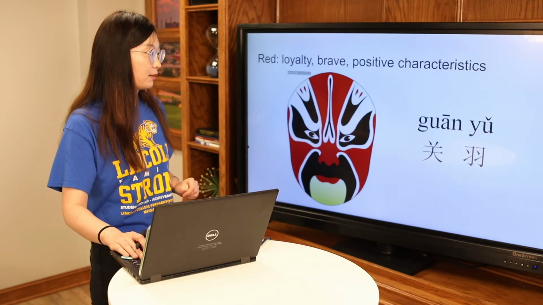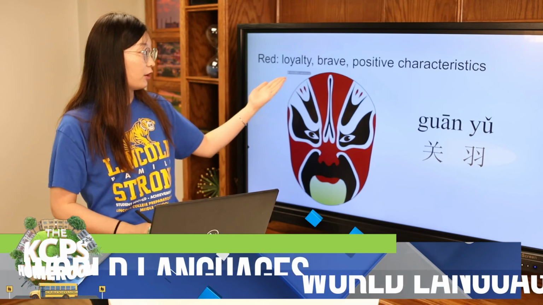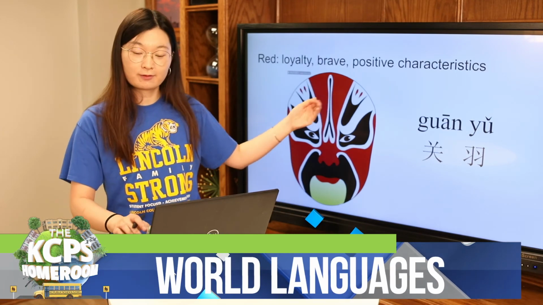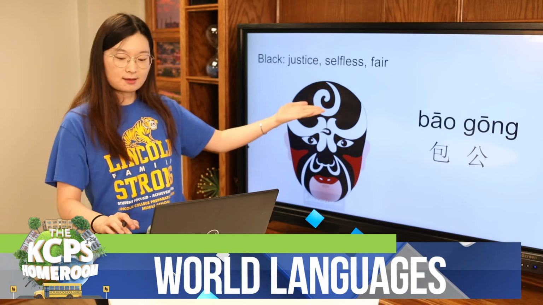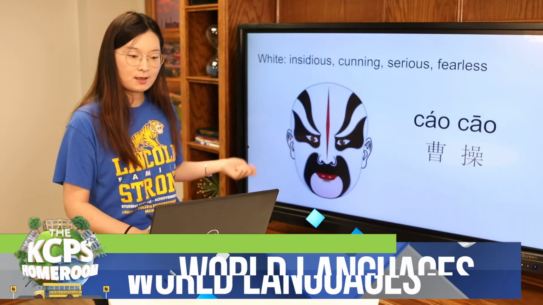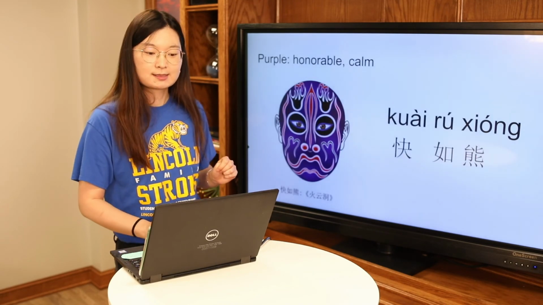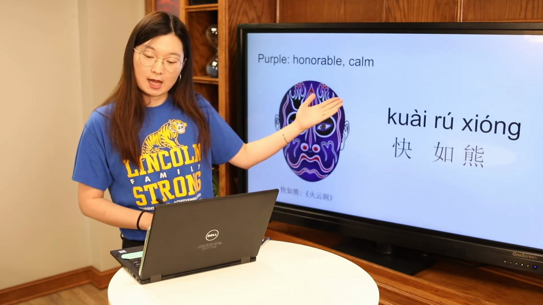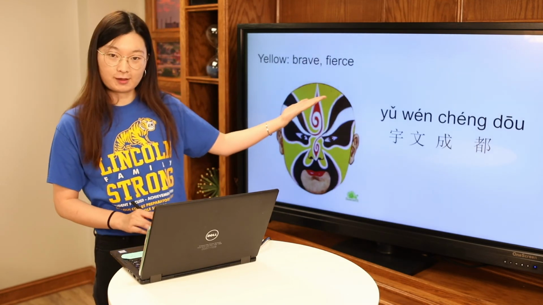Okay, so for example, the color 红色 symbolizes loyalty, brave, and positive characteristics. 黑色, justice, selfless, fair. 白色, cunning, serious. 紫色, honorable, calm. 黄色, brave, fierce.